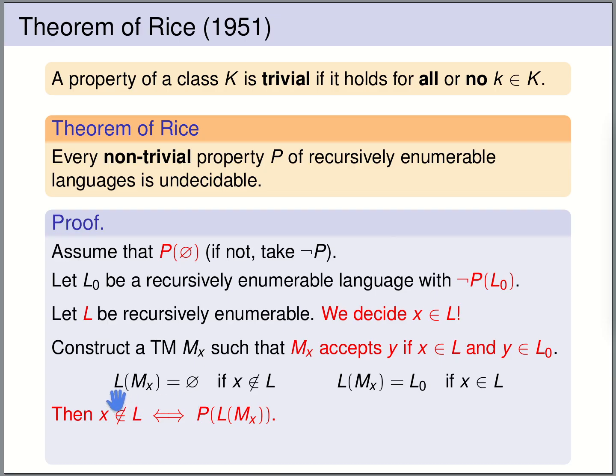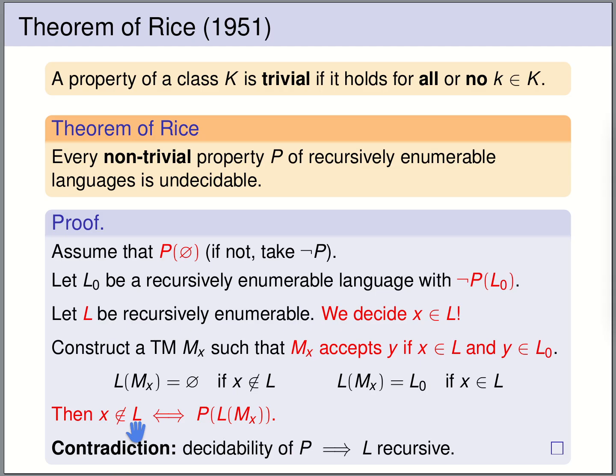So if P holds for the language of MX, then X is not in L. And if P does not hold for the language of MX, so this is the case for L0, then X is in L. So by deciding whether the property P holds for the language of MX, we can decide whether X is in L. But this is a contradiction, because then decidability of P would mean that the language L is recursive. We can decide membership in L.